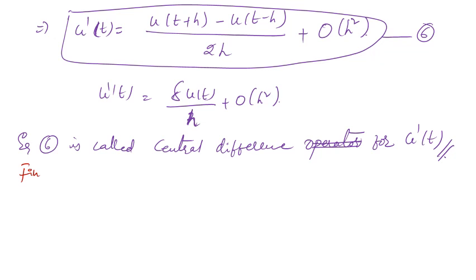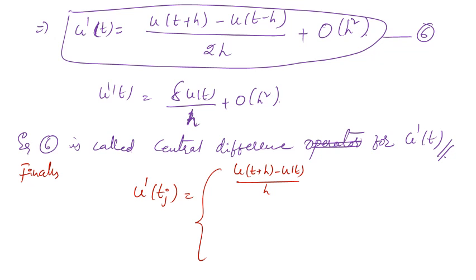So finally, what is u dash tj? Let us see how many approximations. The forward approximation is u of t plus h minus u of t by h.